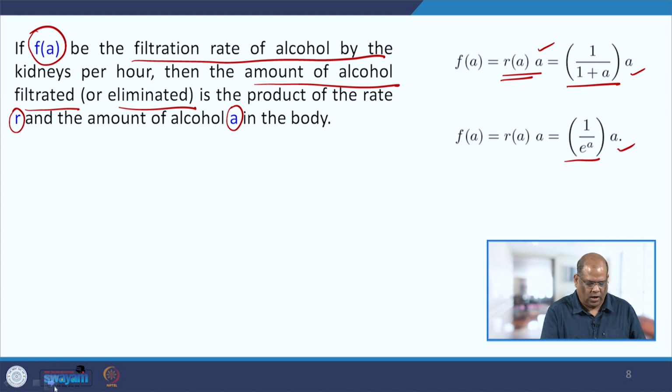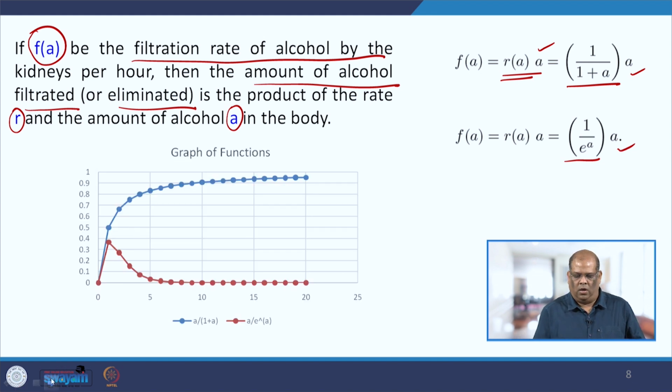Now, if you see the graph, the first one is for the rational R multiplied by A, and this is for the exponential R multiplied by A. So, the first one says that as the amount of alcohol increases, the amount of filtration also increases, and this one says as the amount of alcohol increases, the amount of filtration decreases.